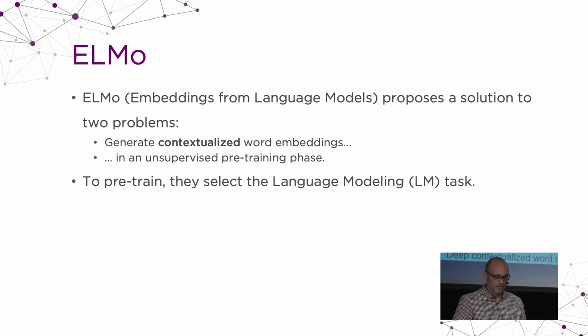And to do that, ELMo is basing this pre-training phase on a task called language modeling, which is really a key task today in NLP, and actually you will see this task today in the tutorial.